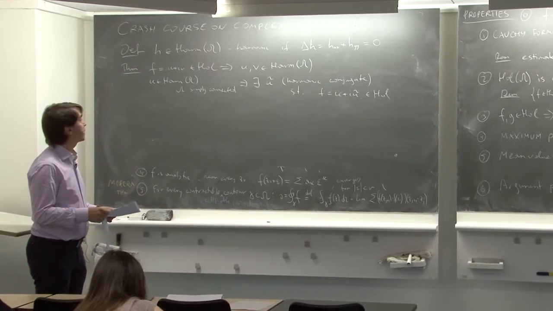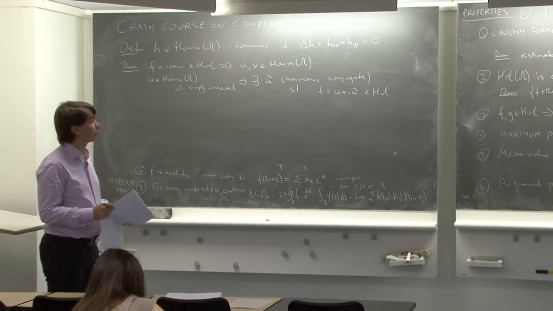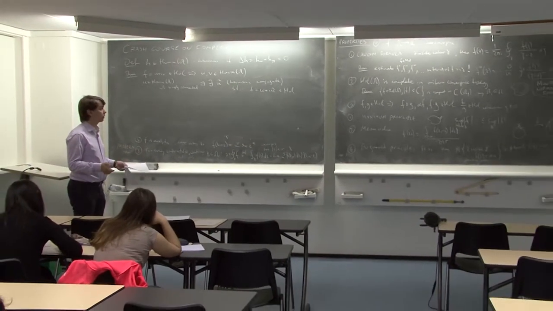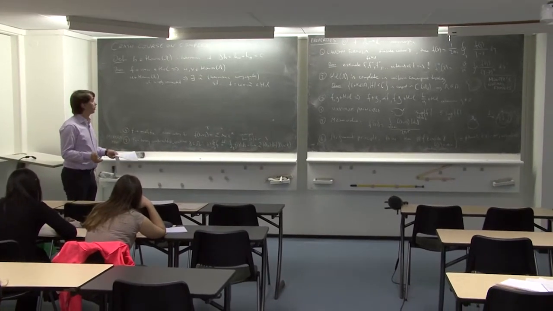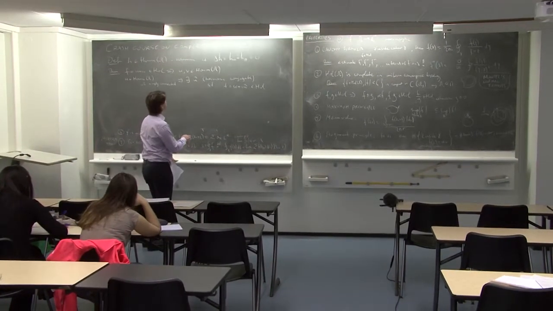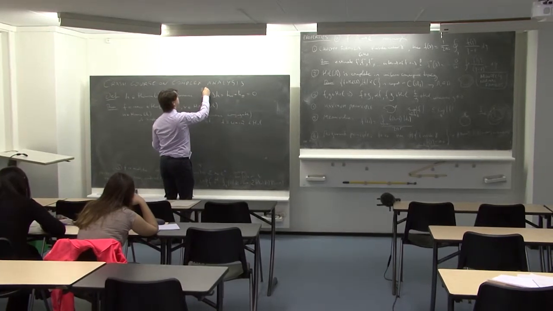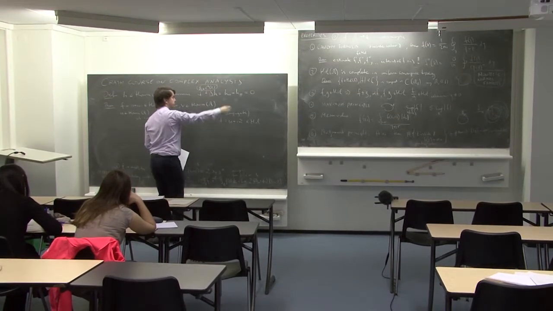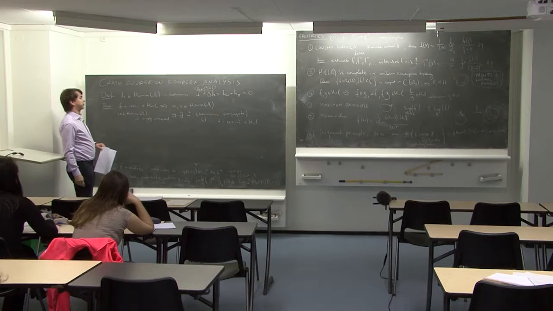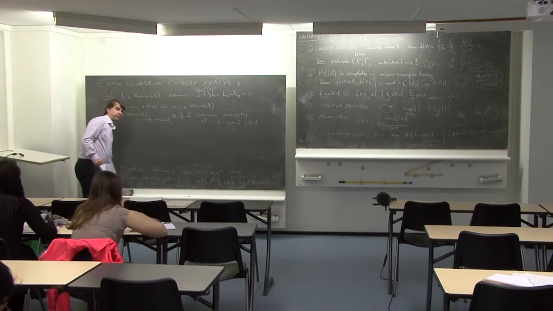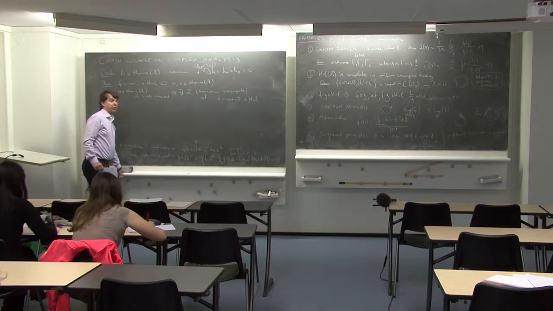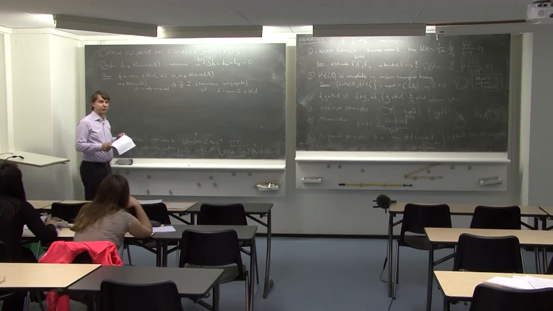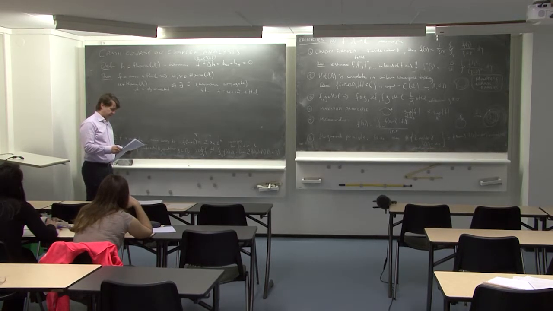So this immediately implies that harmonic functions have the very nice property that they are infinitely differentiable. By the way, for harmonic I only asked that h is C2 of omega, so I only asked what is needed to write this identity, but it automatically means that it's C infinity. So this is also true in R3, but you cannot use analytic functions to prove it anymore. So you have to prove it otherwise.